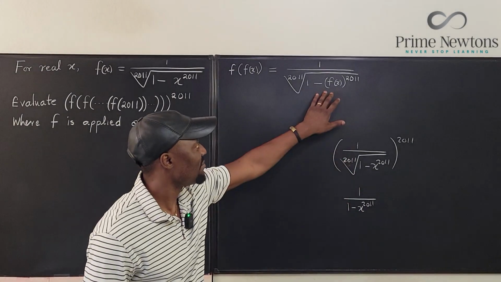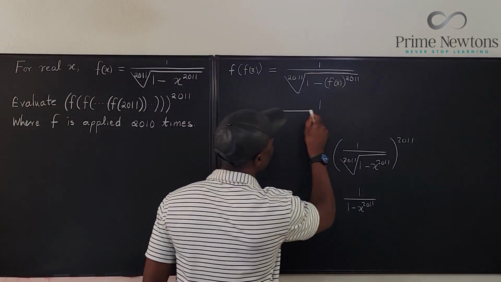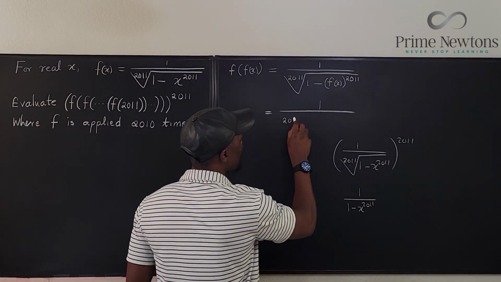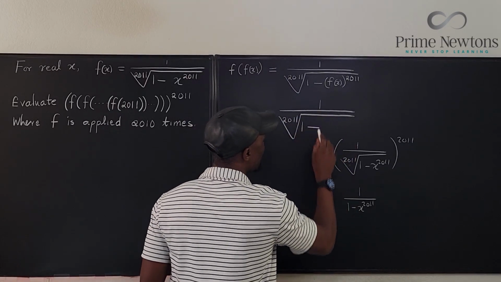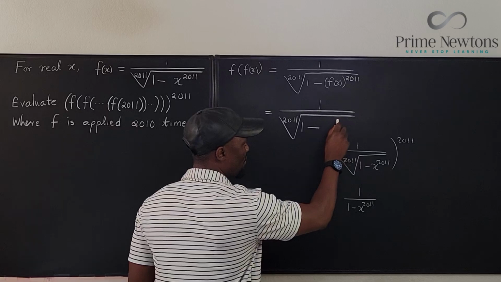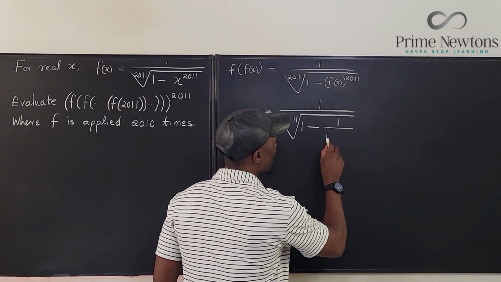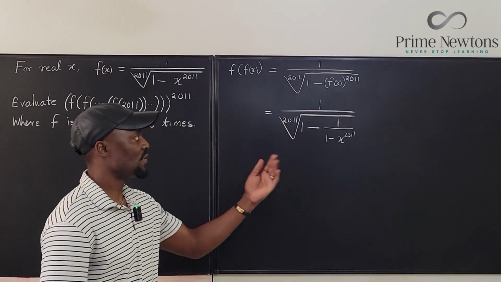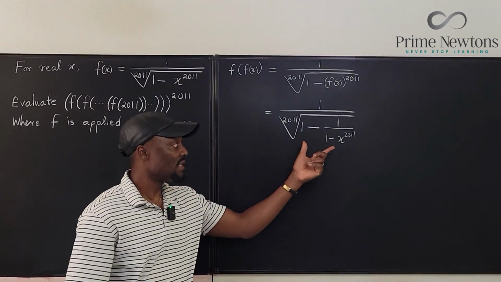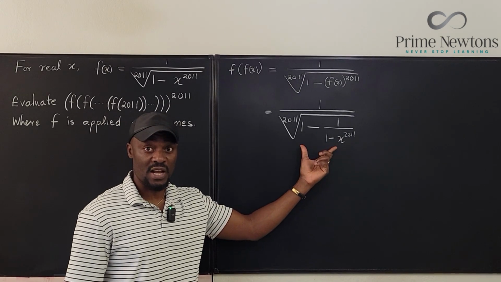So we can take this and plug it in here, and what do we have? We're going to have 1 over the 2011th root of 1 minus 1 over 1 minus x to the 2011. We can simplify what's under the radical sign.